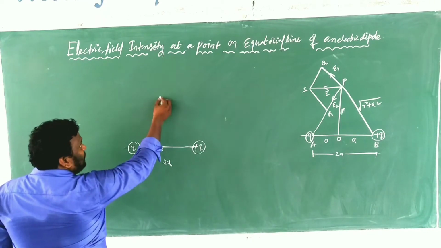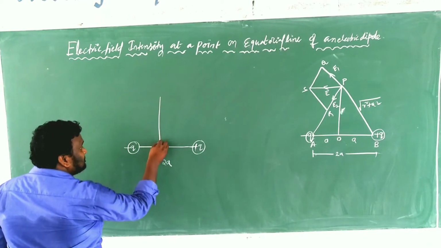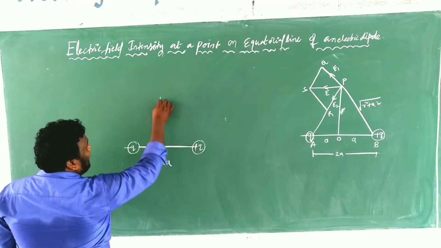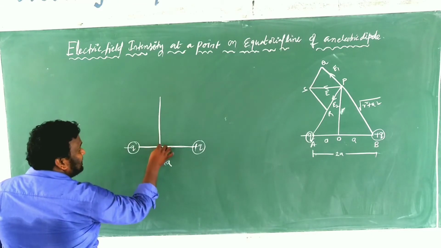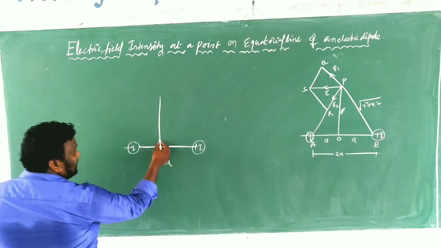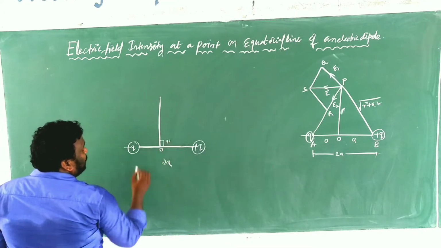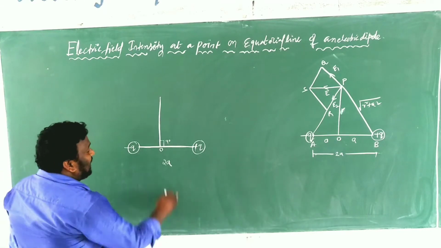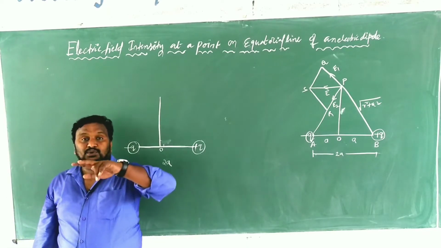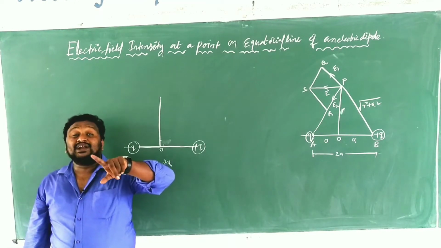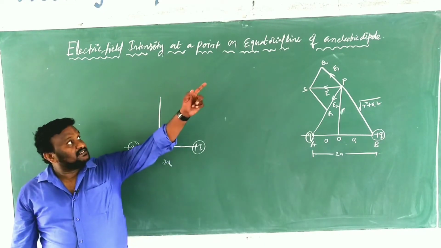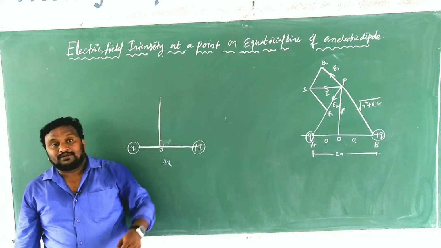The equatorial line is nothing but a line which bisects the dipole into two equal parts and is perpendicular to its length. That is called the equatorial line of an electric dipole.